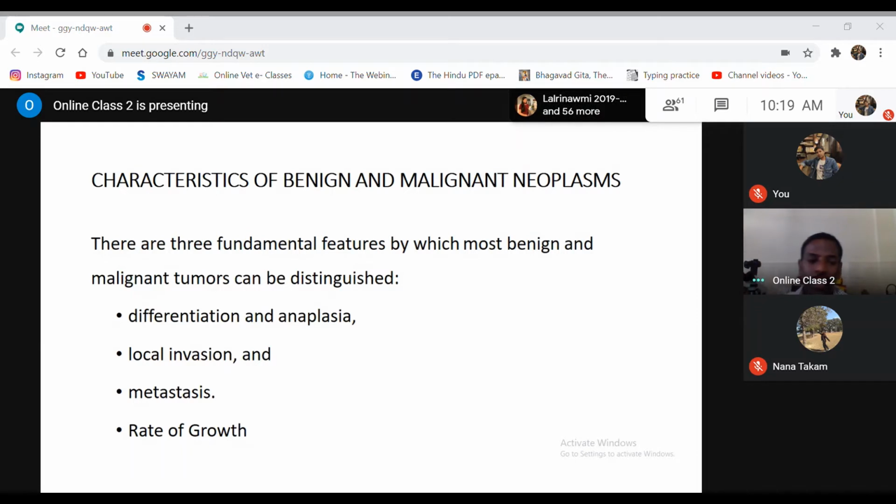So nowadays it's not used as a criterion for classification. Previously, rate of growth was also a feature used for differentiating benign and malignant tumors, but still, to a certain degree, you can use it as a feature for differentiation.